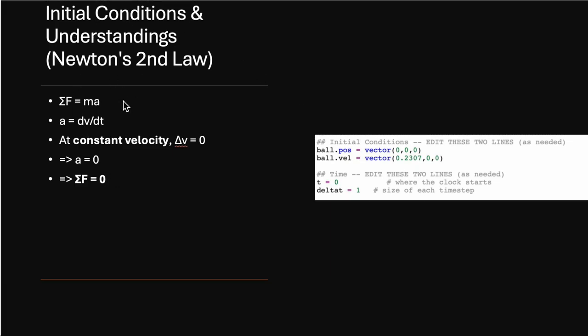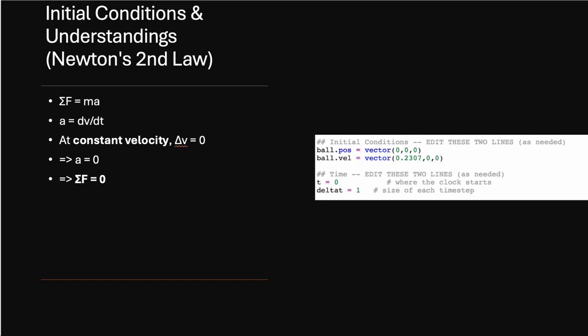What is important to understand is that Newton's second law states the sum of the forces is equal to mass times acceleration, and acceleration is just the change in velocity over the change in time. Since this is at a constant velocity, change in v equals 0, which means acceleration is equal to 0, which therefore means the sum of the forces must be 0.